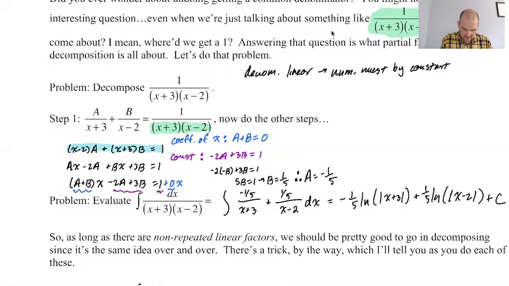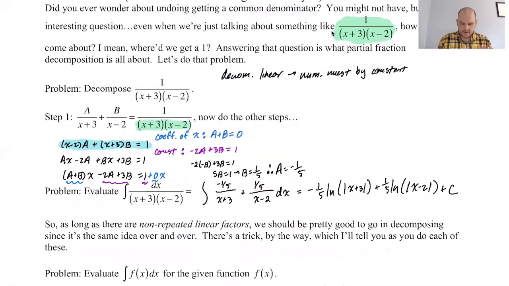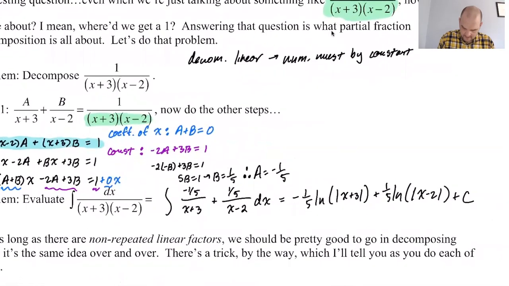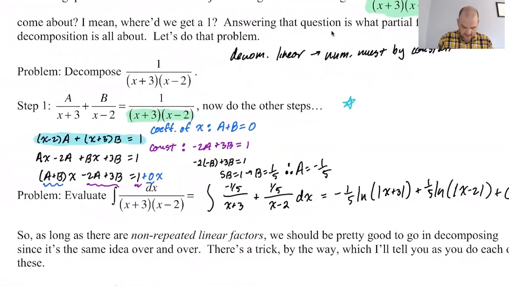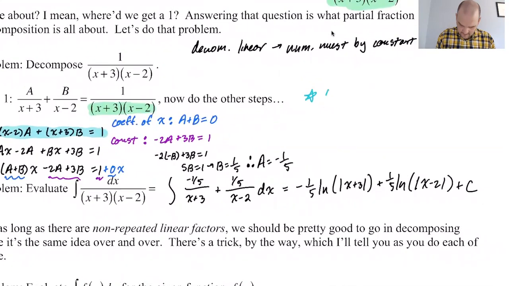When we got here, there's actually something we could do. We had x minus 2 times a, plus the quantity x plus 3 times b, and we knew that was 1. So what if we made an amazing choice of x?